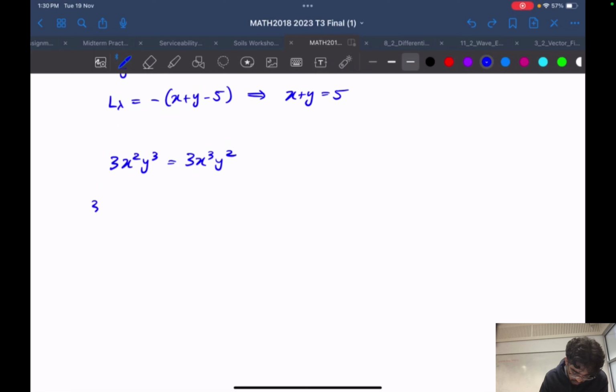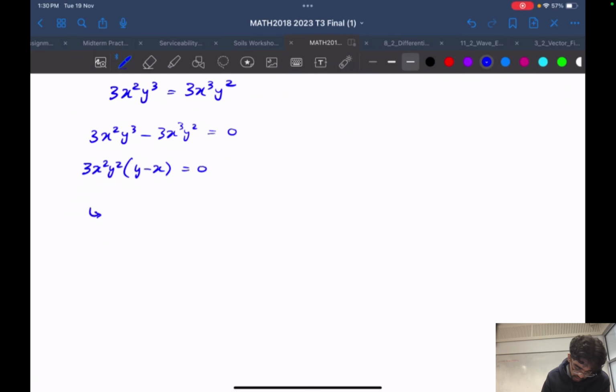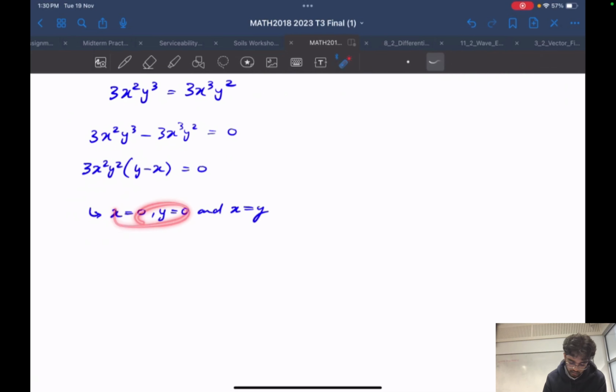So you get 3x squared y cubed minus 3x cubed y squared is equal to 0. 3x squared y squared, and then you get y minus x equals 0. So you get x equals 0, y equals 0, and x is equal to y. So you get different solutions. Essentially, it's the same solution except x equals 0, y equals 0. So you can just say this is equal to y.